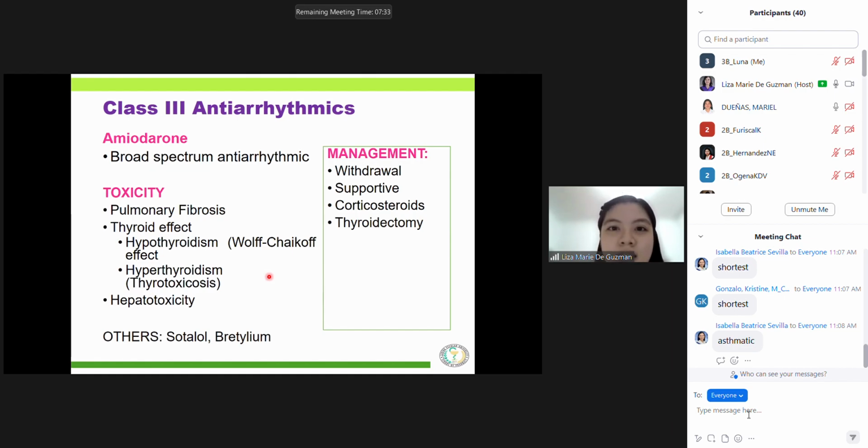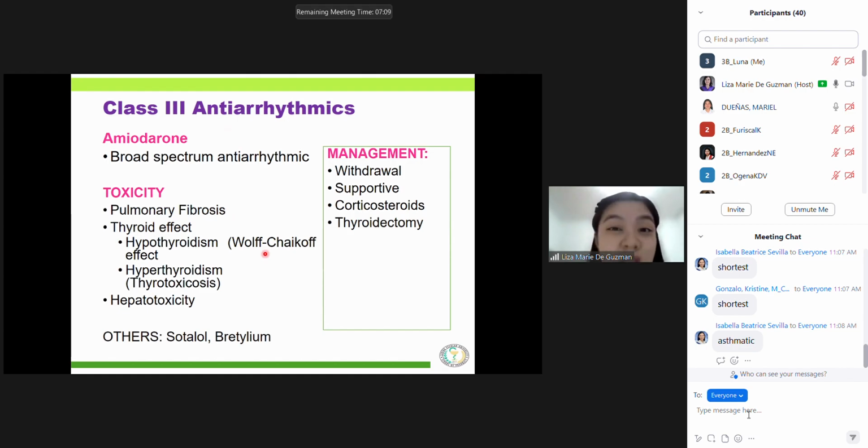And like I said, if the patient has normal thyroid function, the patient can usually escape the Wolff-Chaikoff effect. Then another possible effect would be hyperthyroidism causing thyrotoxicosis, and then hepatotoxicity. So we have the following management procedures for the toxicity associated with amiodarone.